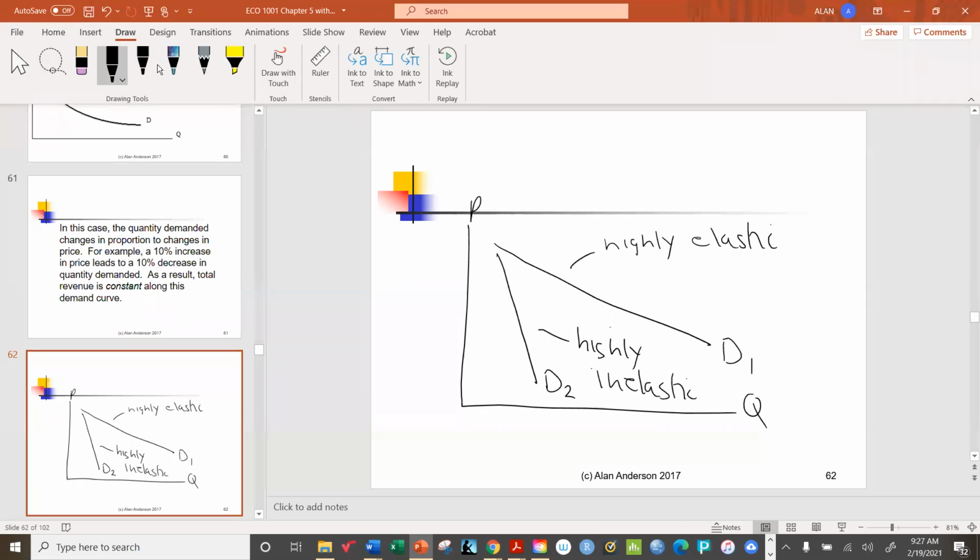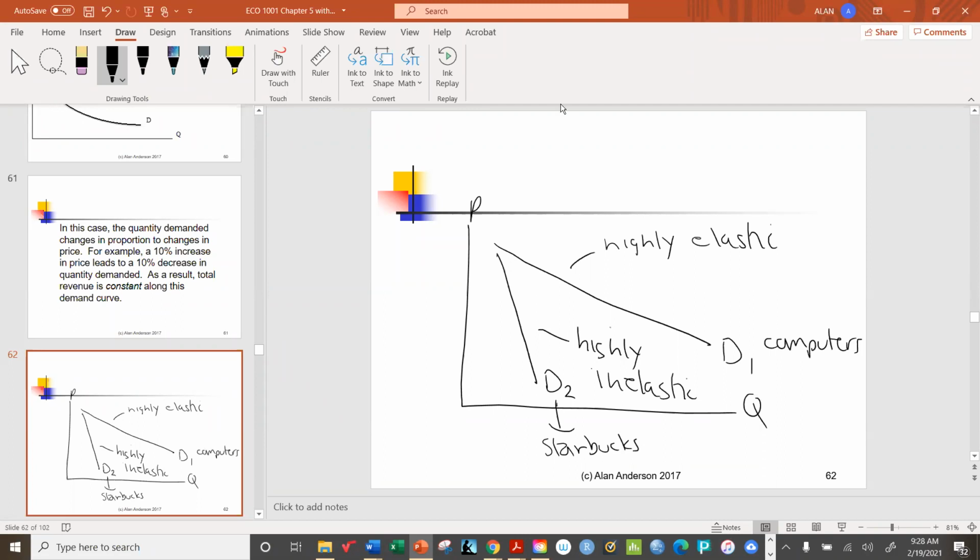This is the steep one, is the one where even a huge price change won't cause a very large change in quantity. The flat one is the opposite. So think of this D2 as the Starbucks case, and think of this as the computer case.